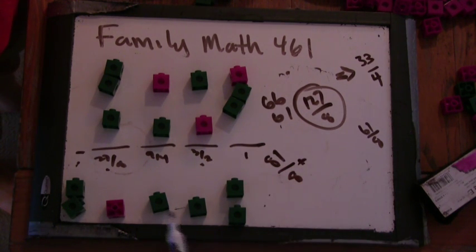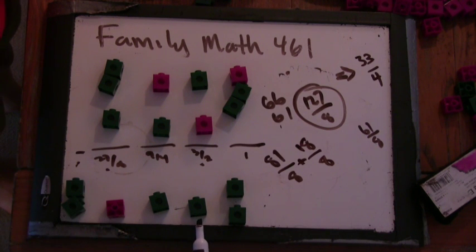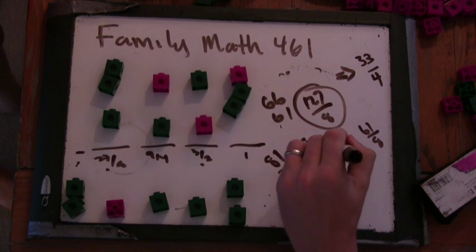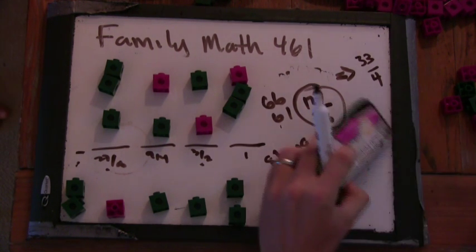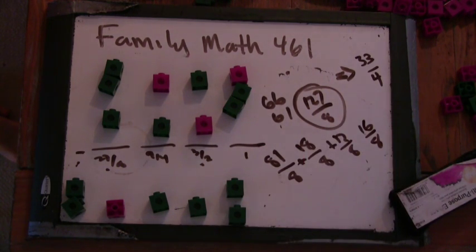How many eighths is that? That's 18/8. And then 3 halves is how many eighths? It's 12 eighths. Plus 2, which is 16/8.